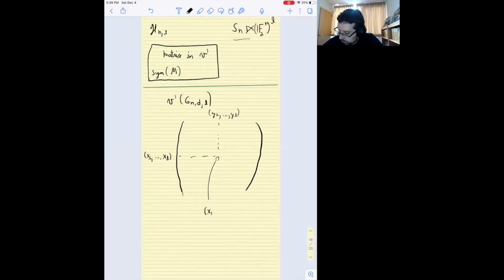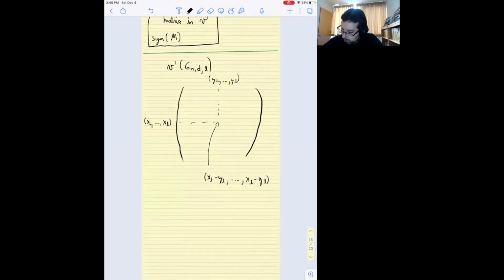So here you have x1 minus y1, etc. This entry is associated with this difference, xl minus yl. And if the span of this, if their span contains a non-zero low-weight factor, then this entry will be zero. Otherwise, it wouldn't be zero. But okay.